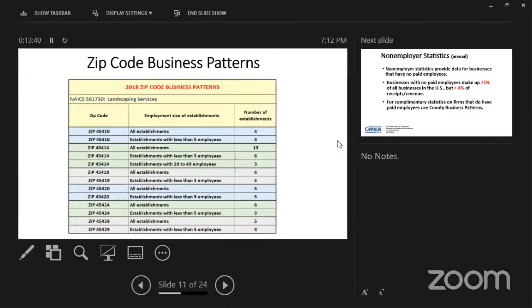But if you look at 45414, you can see that it has some bigger ones. There are 3 with 20 to 49 employees. So if you look at a county and then a zip code, you can see what your competition is, what's already there, and the size of the establishments that are already there.